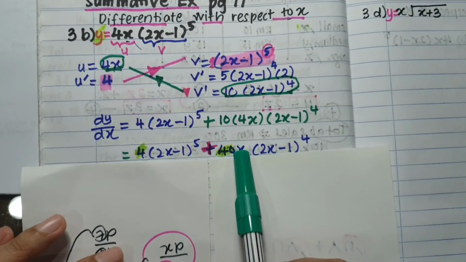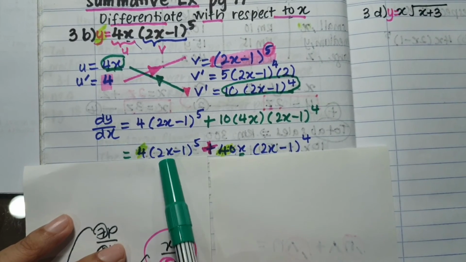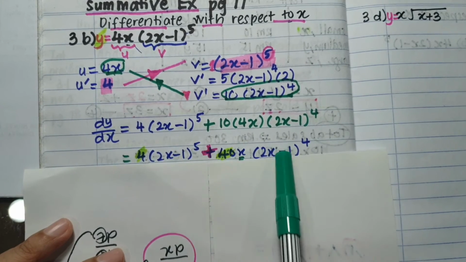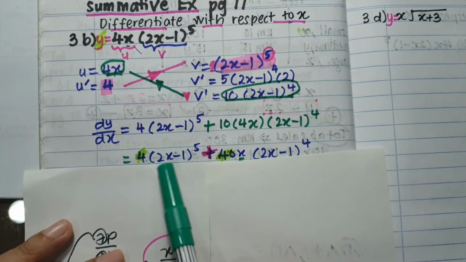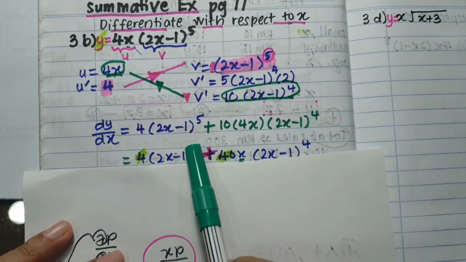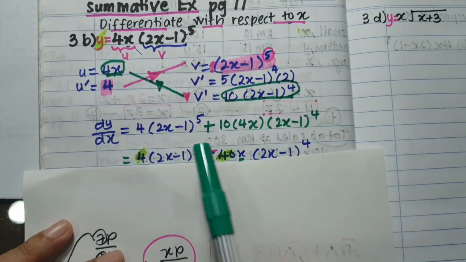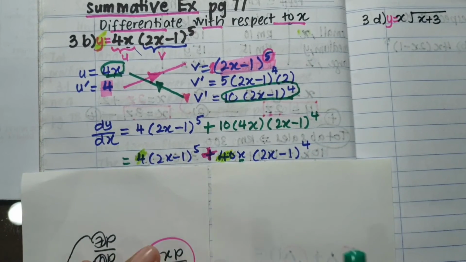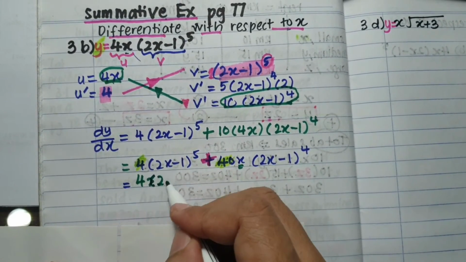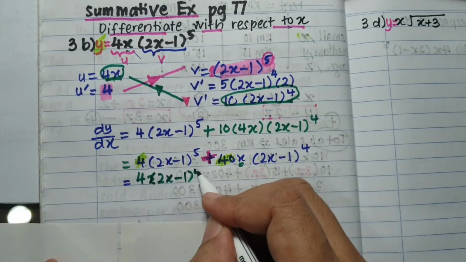Here you have a variable, but here you don't have any variable, so you cannot take out x. Next, look at the bracket here. The function in the bracket is the same, the only difference is the power: here 4, here 5. So always take out the smaller power. So take out (2x minus 1) power of 4.